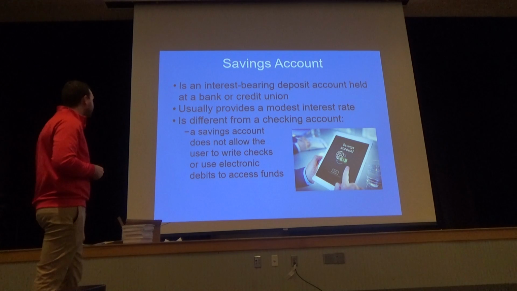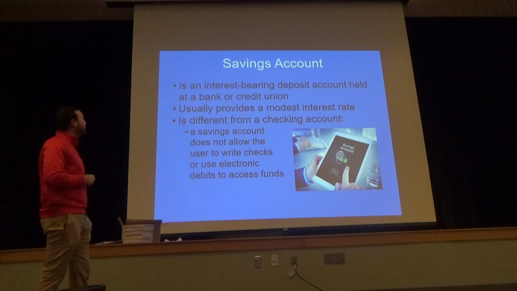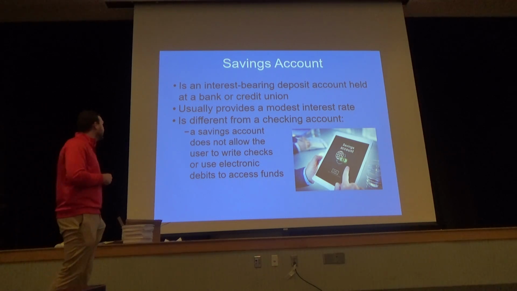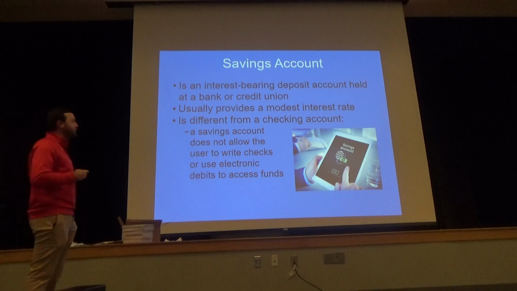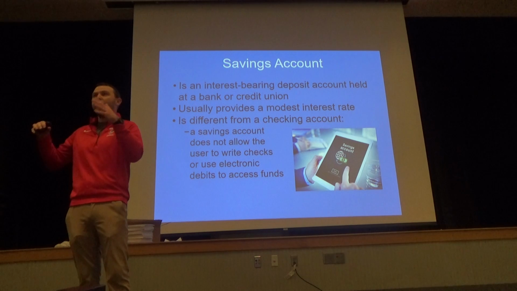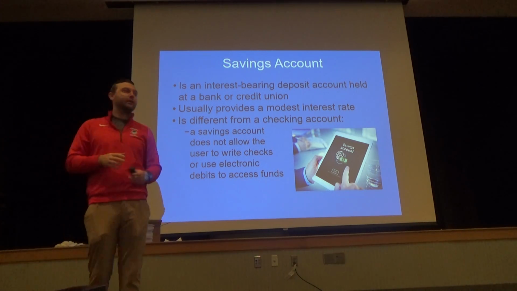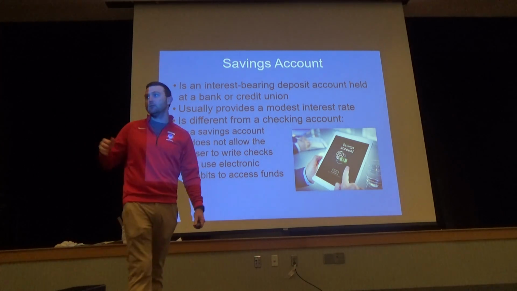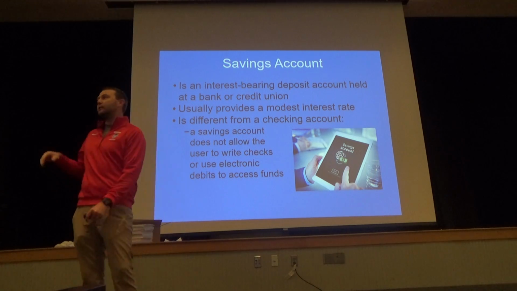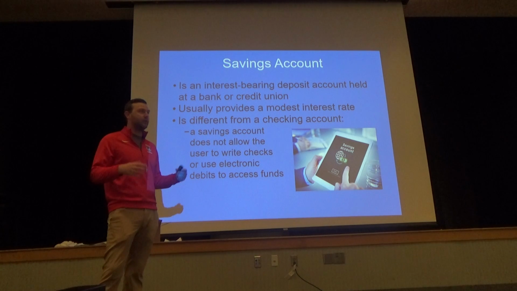So a regular savings account is an interest-bearing deposit account held at a bank or credit union, and it provides a modest interest rate, but it is different from a checking account. If you put money in a checking account, it's just going to sit there. It's never going to gain any interest. It doesn't matter if you have it in that checking account and don't take it out for 50 years. If Weston puts $10,000 in a checking account, 50 years later he's going to have $10,000 in that checking account if he never uses it.